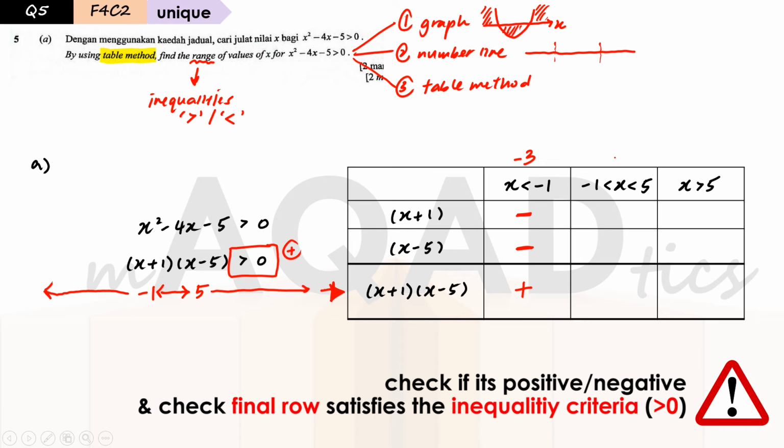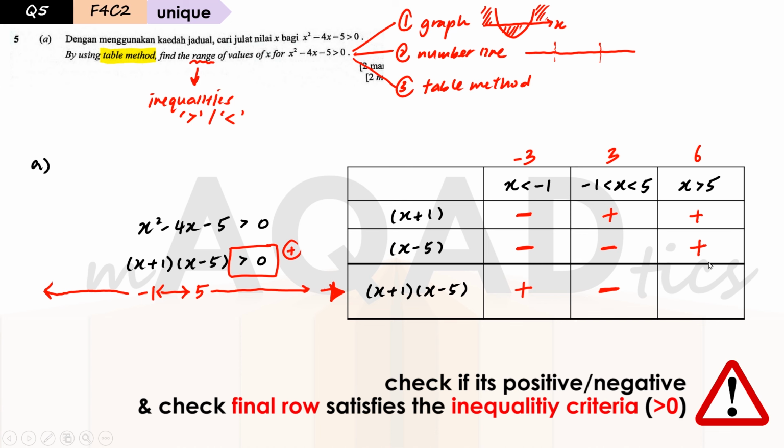For the second column, let me use 3. 3 substituted inside here, 3 plus 1 is 4, a positive value. 3 substituted inside here, 3 minus 5, is a negative value. If I multiply these two results, positive times negative gives negative. For the last column, let me put 6. 6 plus 1 is 7, a positive value, and 6 minus 5 is 1, also a positive value.